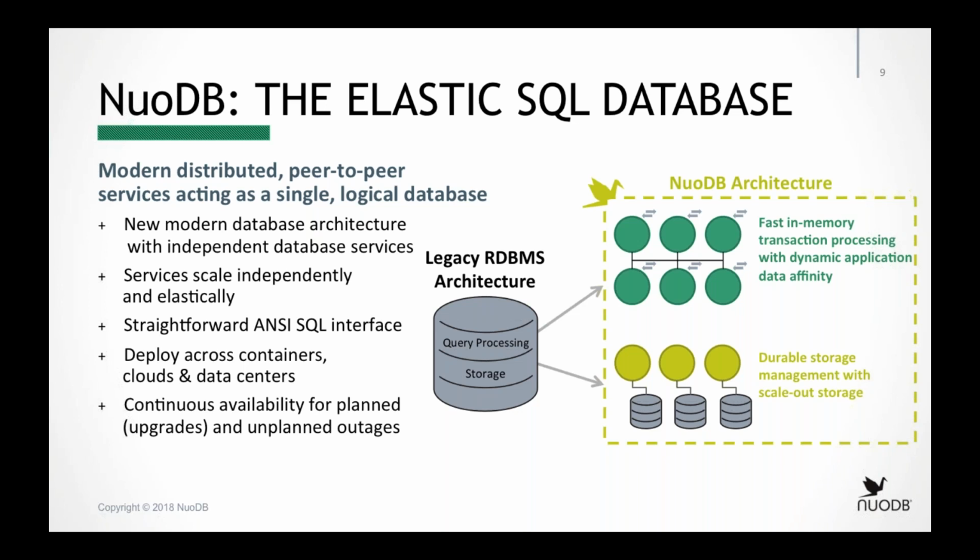That's part of the deployment: you decide how many transaction engines and how many storage managers, and then even over time it's very dynamic. You can scale these processes in and out, which gives NuoDB the power to elastically and dynamically meet the requirements of a particular application.